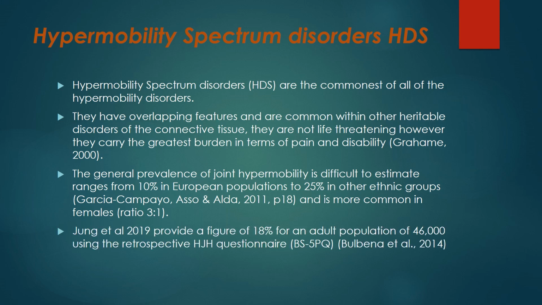Young et al. in 2019 provide a figure of 18% for an adult population of 46,000, and they use the retrospective historical joint hypermobility questionnaire.